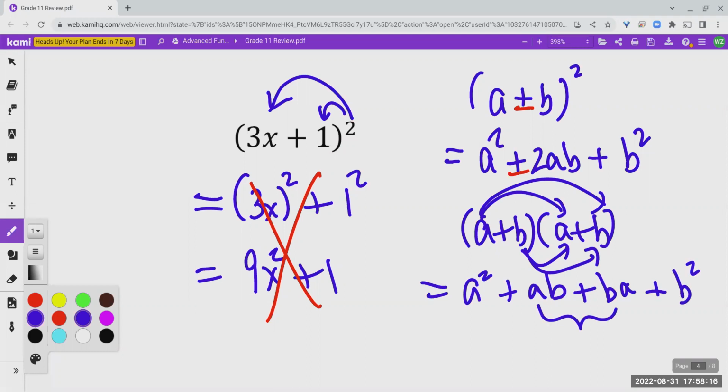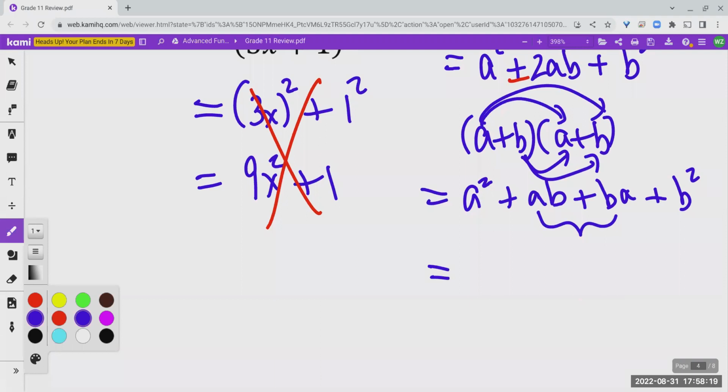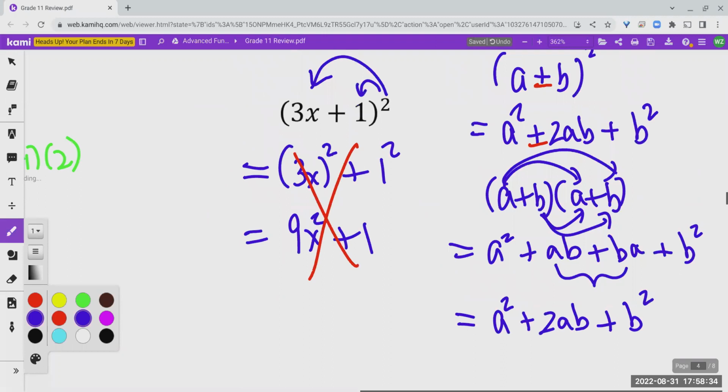And of course, ab and ba are the same thing because it doesn't matter the order when you multiply. So that would be a squared plus, because they're both the same, there's two of them, 2ab plus b squared. That's the formula.